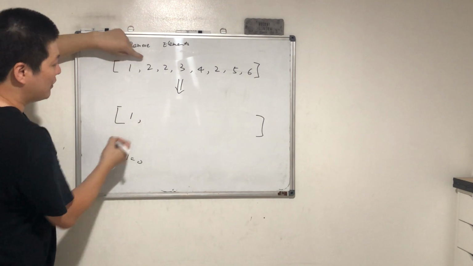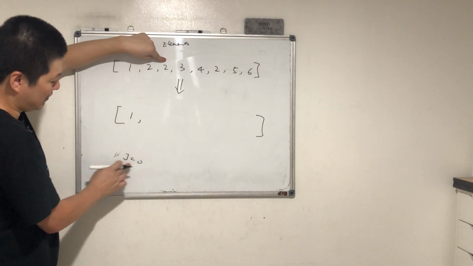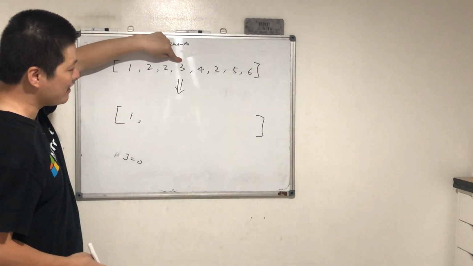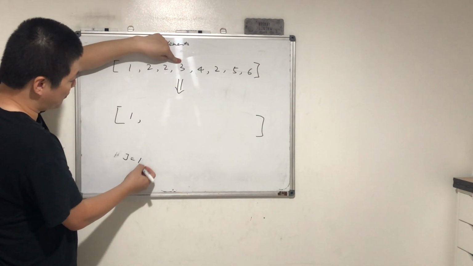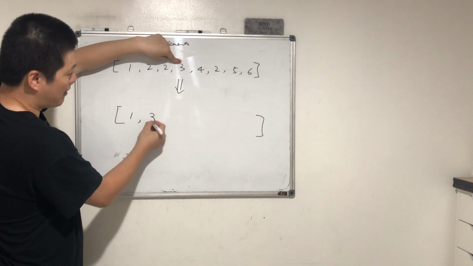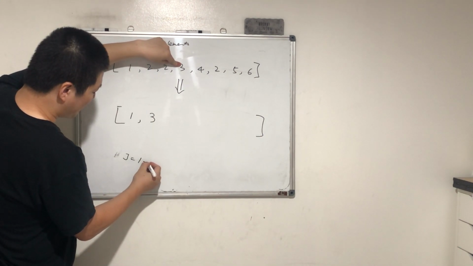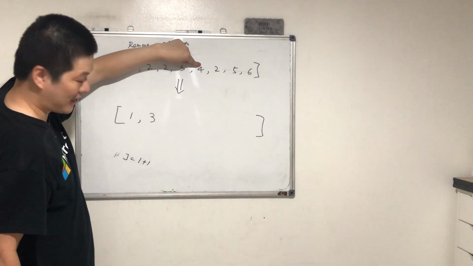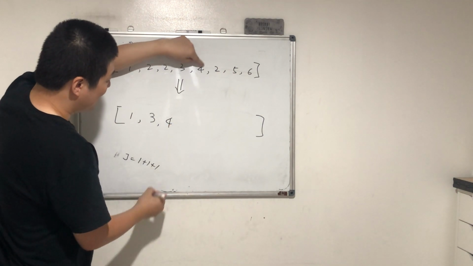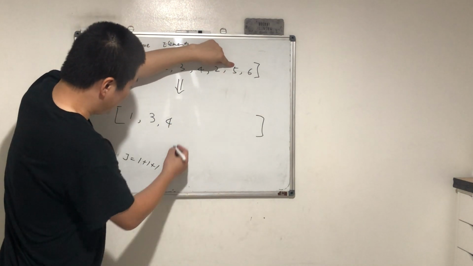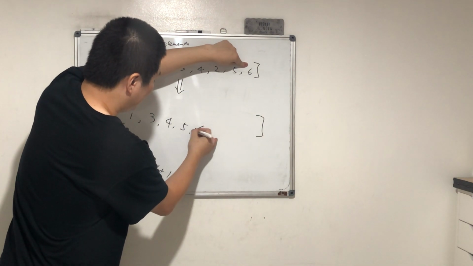Then we skip these 2s, so we don't increment J. Next is 3, so I put it at J equals 1, and J becomes 2. Next, 4, I put it here and add 1. The 2 we skip. Then 5, put it and add 1, then 6, and add 1. Easy.